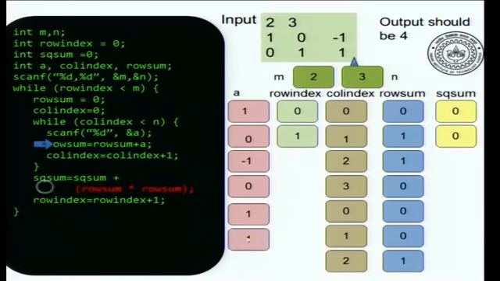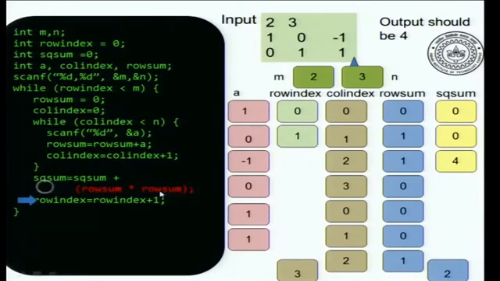Okay. Until you finish reading the second row as well. So once you read the second row, you will find that the row sum is 2 and square sum would be square sum plus 2 squared, which is 4.